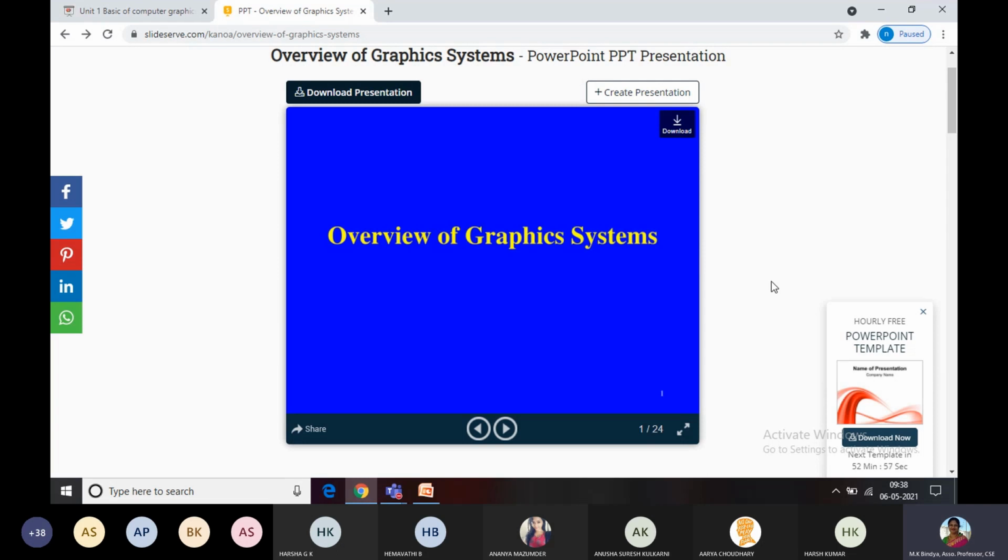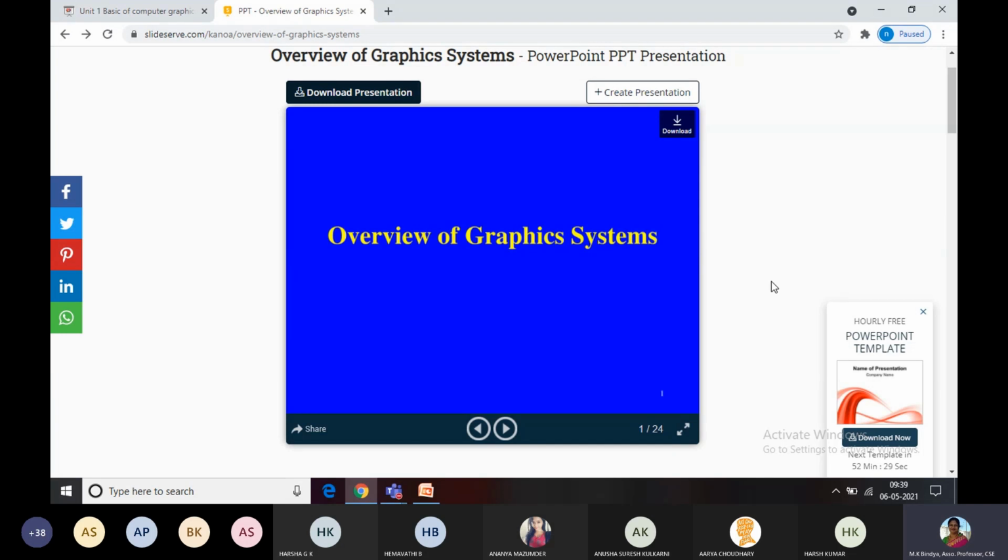Fourth is entertainment, where we discussed animations and games. Next is education and training. Next is visualization, that means how scientific and business data can be visualized. Next is image processing, and another one is graphical user interfaces. These are the applications that we discussed in the yesterday class.